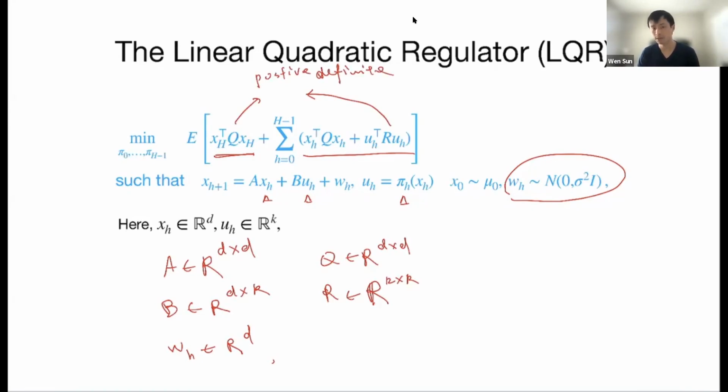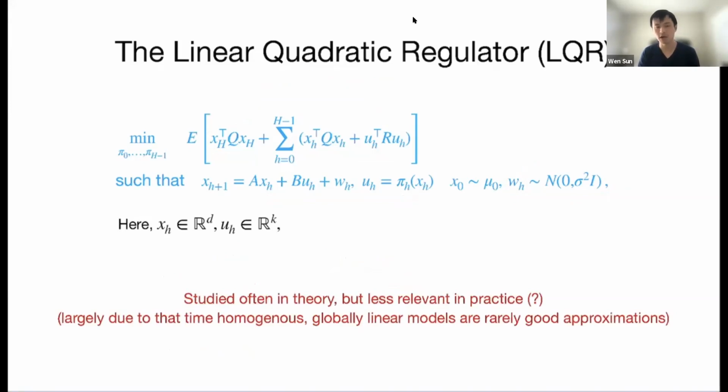Right, so that's the problem. We want to minimize the expected total quadratic cost subject to a linear constraint. Right, so this model is often studied in theory, but less relevant in practice. The reason that I put a question mark is that we're never really going to directly model a control system using this linear equation, right?